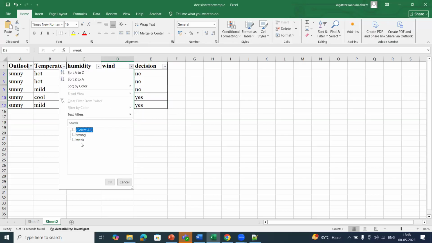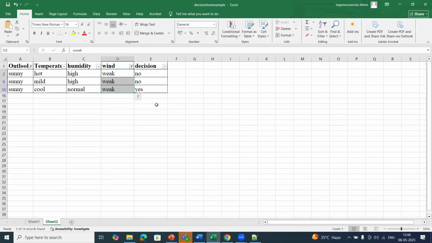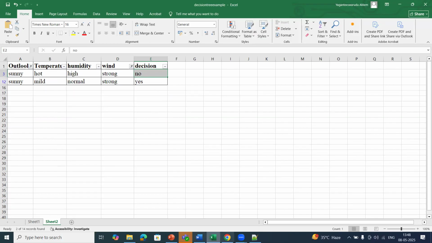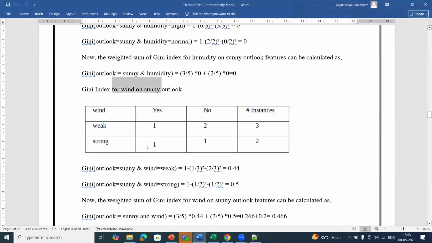If you filter out weak, 2 no and 1 yes. And for strong, 1 no, 1 yes. So totally two records for strong and three records for weak.